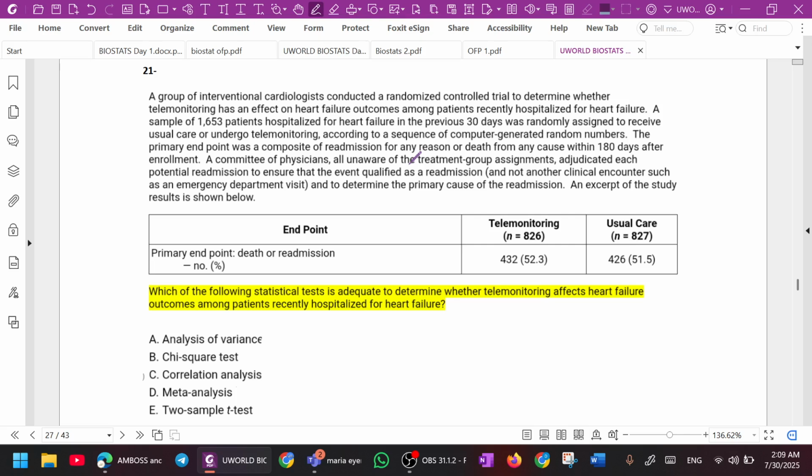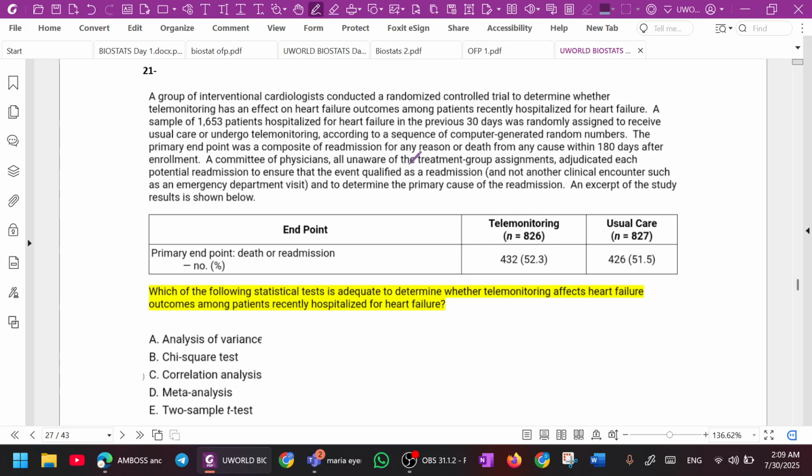A group of interventional cardiologists conducted a randomized control trial to determine whether telemonitoring has an effect on heart failure outcomes among patients recently hospitalized for heart failure.